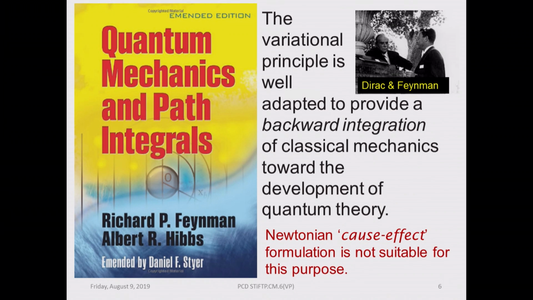And this path is somewhat fascinating because it also provides a foundation for classical mechanics. So from the conceptual point of view, the development of quantum theory using the variational principle is really very fascinating. And this was done by Feynman, as I mentioned. It was based on a suggestion which Dirac had made, and Feynman worked on that suggestion intensely and ended up developing this alternative approach to quantum theory.